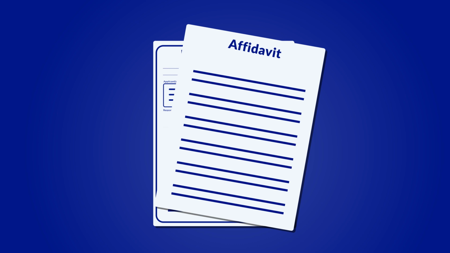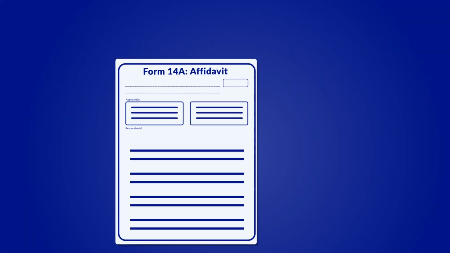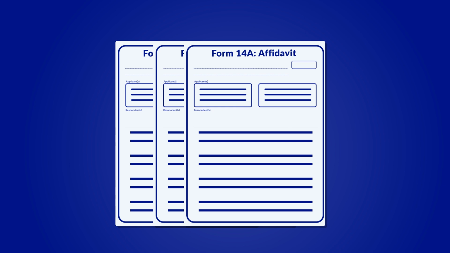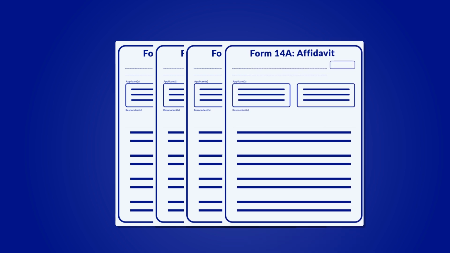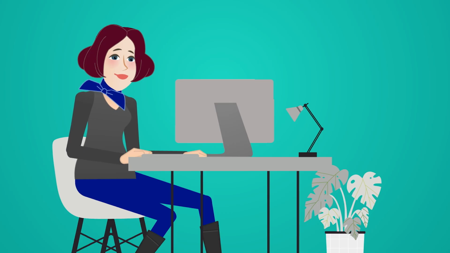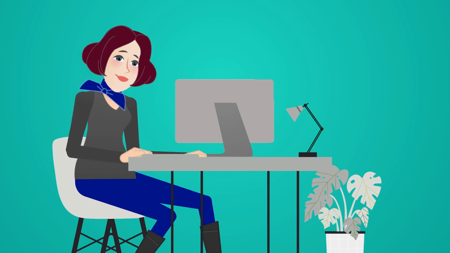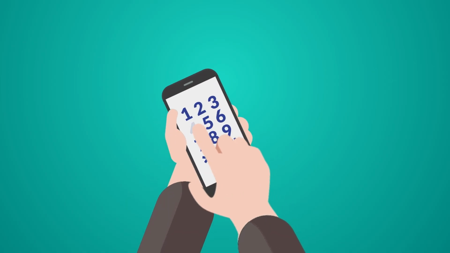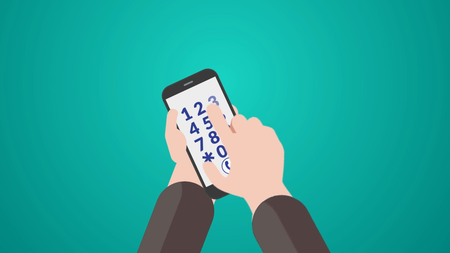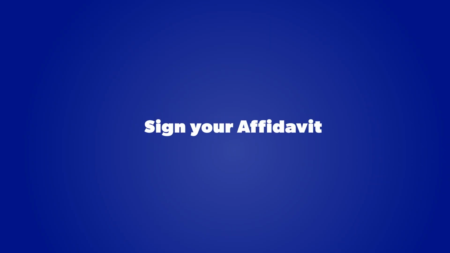Your local court has rules about how many affidavits you can include and how long they can be. These rules are called practice directions. You can find them on the court's website. Contact the court if you need more help. You must swear or affirm that the information in your affidavit is true before you sign it.